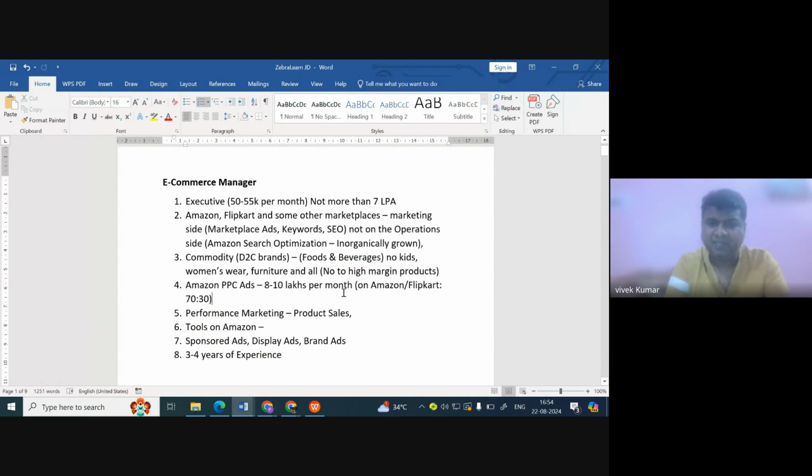And this is the ratio, Amazon to Flipkart. They want to rely upon Amazon more than Flipkart because, of course, they have a digital product. Amazon Kindle is there, and so many other things are in their favor. So they told us all these details, and then there was mention of some specific tools, etc.